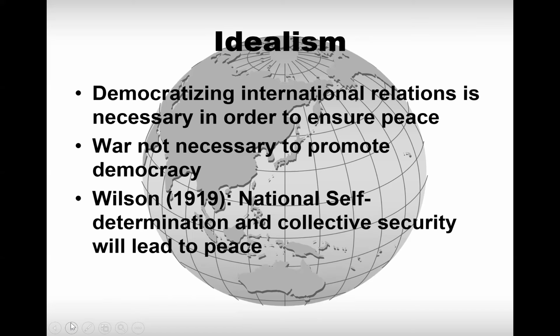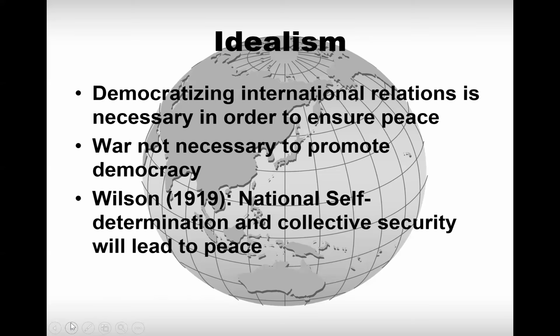In 1919, the basic unit of international relations was empires. The world was divided into empires. And Wilson argued that instead of basing an international system on great powers and on realist ideas of the balance of power and on secret notions of diplomacy, we need to embrace the concept of national self-determination.